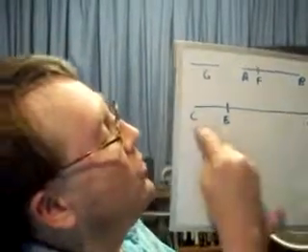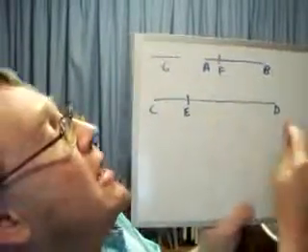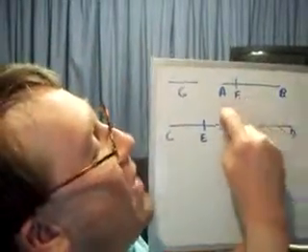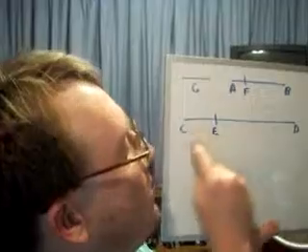Now we're going to say that AF measures CE. Therefore, AF measures the whole CD. AF measures CD. Therefore, AF is a common measure of AB and CD. AF will measure AB, and AF also measures CD.